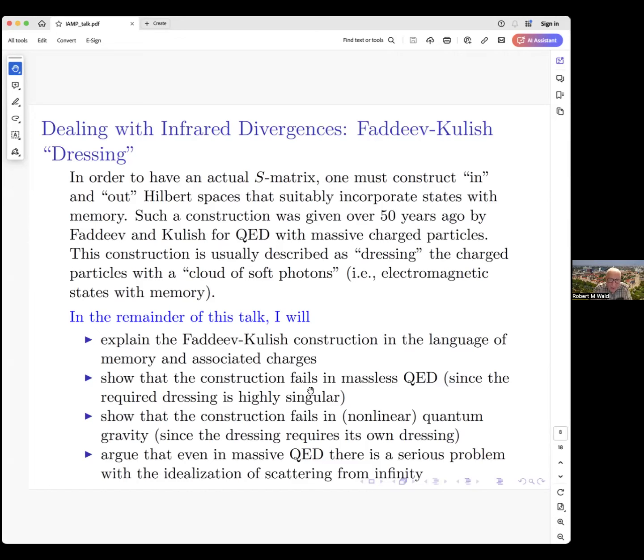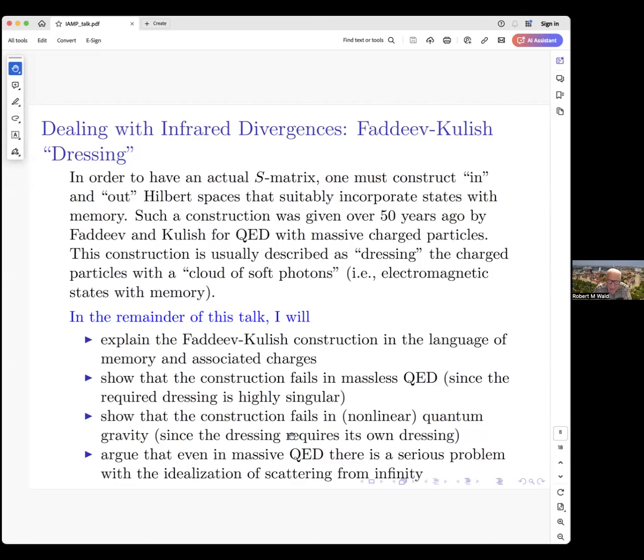But then I want to show or point out that this kind of construction fails if you were doing quantum electrodynamics with massless charged particles. In that case, you can do a similar dressing, but the dressing is so singular that it doesn't give physical states.